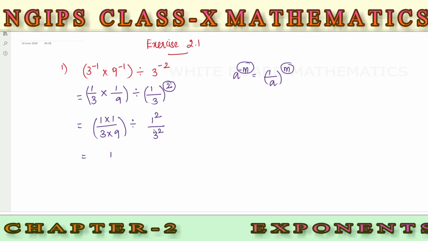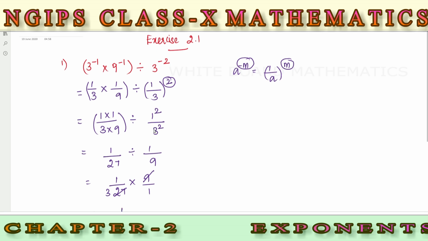So 1 into 1 is 1, 3 nines are 27, divided by 1 over 3 square, which is 9. So here 1 divided by 27, and this division I can make it as multiplication. We have to change the next term, we need to take the reciprocal. So 1 by 9 becomes 9 by 1. So we can cancel the term, 1 nine is 9, 3 nines are 27. So I can write it as 1 by 3. So this is the first question.